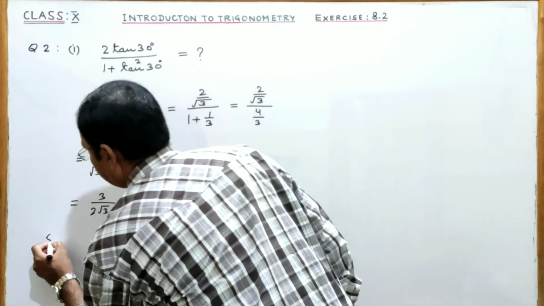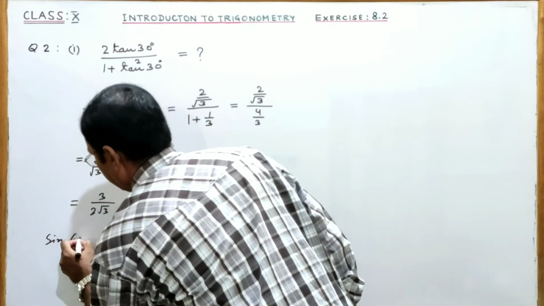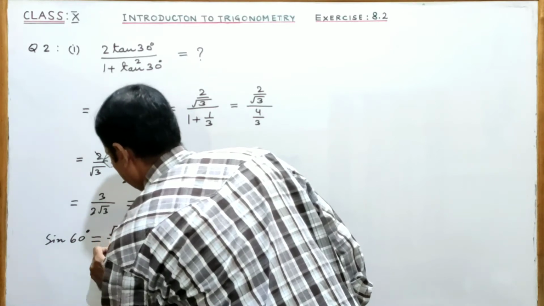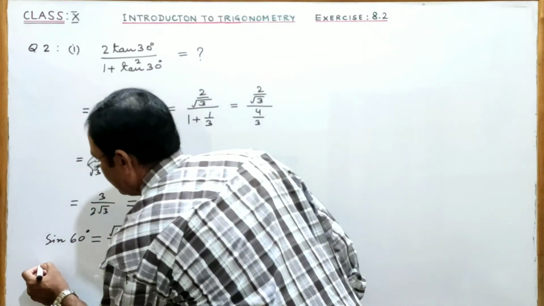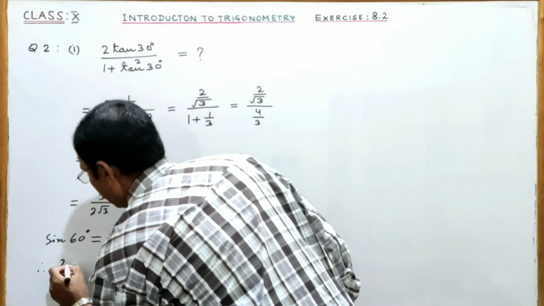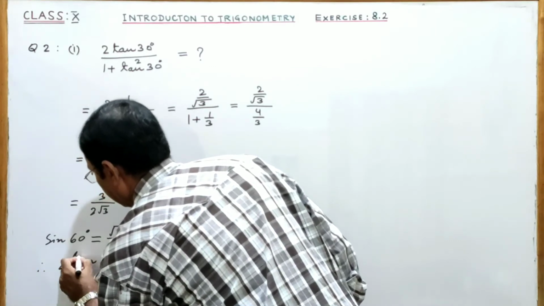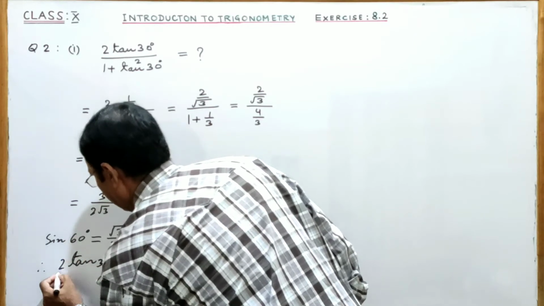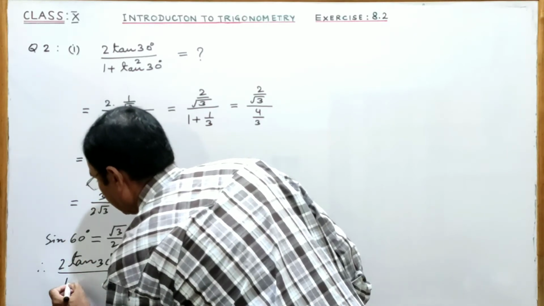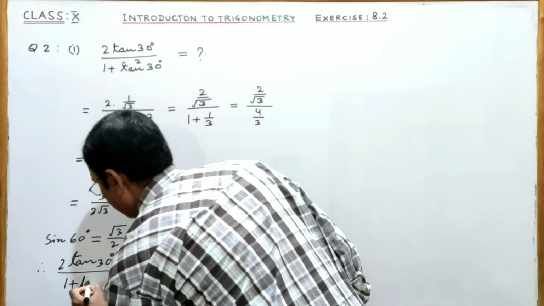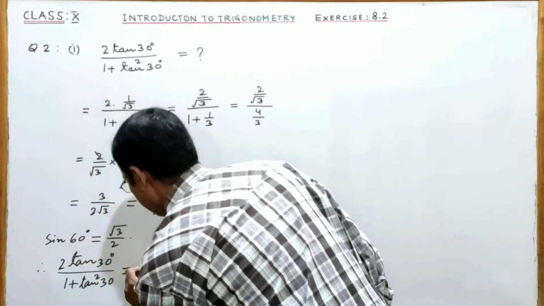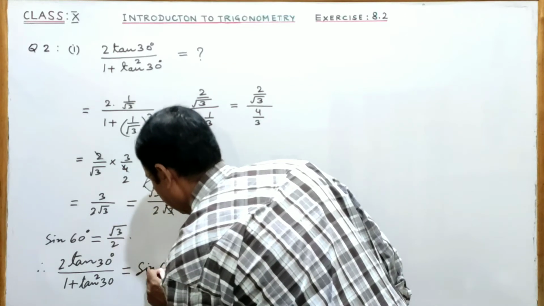Sin 60 degrees value is also equal to root 3 by 2. So therefore 2 tan 30 degrees divided by 1 plus tan square 30 degrees is equal to sin 60 degrees.